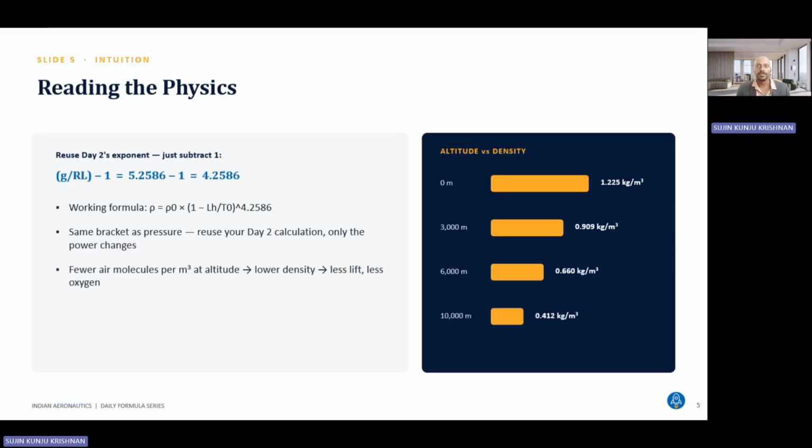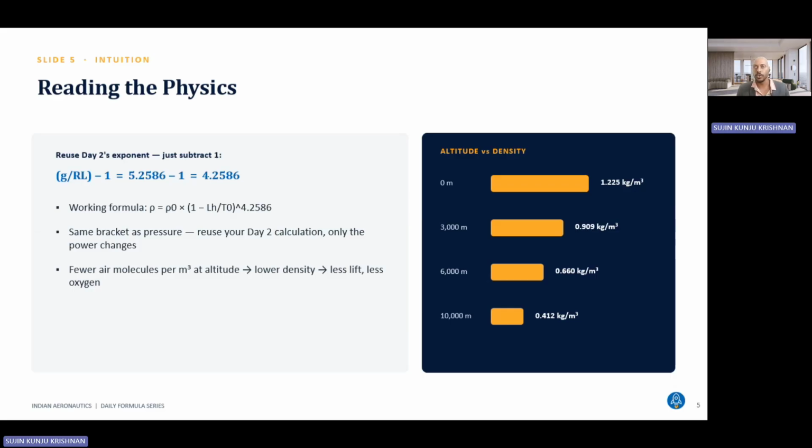4.2586. So think about what density actually means. It's how many air molecules are packed into each cubic meter. As you climb, the air isn't just colder and under less pressure. It's also more spread out.